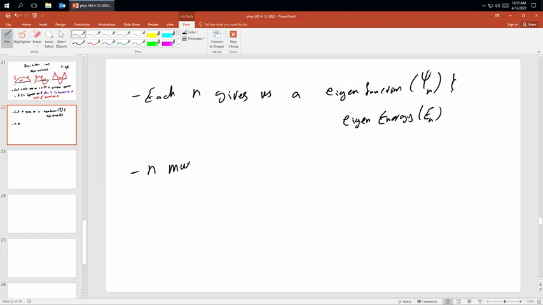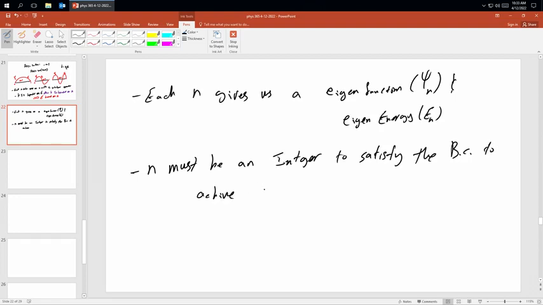N must be an integer to satisfy the boundary condition to achieve quantization.